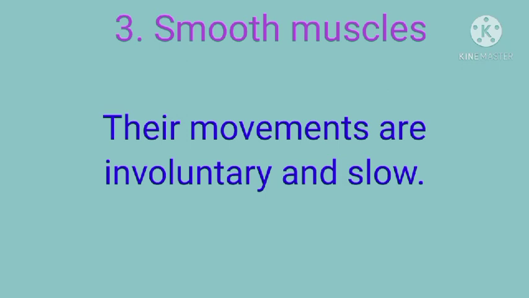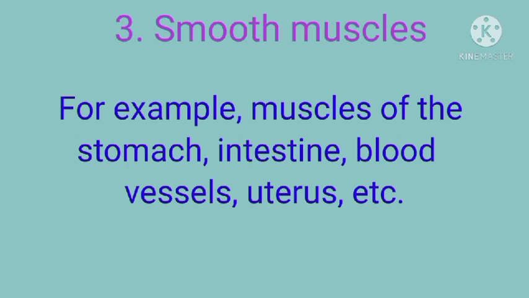They function at a slow rate. Examples of this type of muscle are the muscles of the stomach, intestine, blood vessels, or uterus. All these other internal organs are made up of smooth muscles.